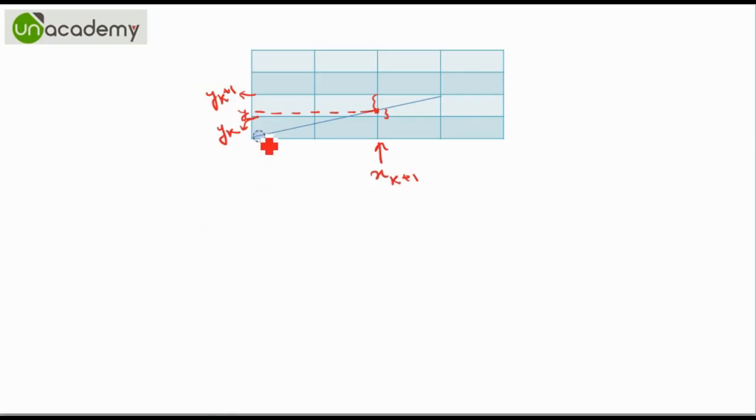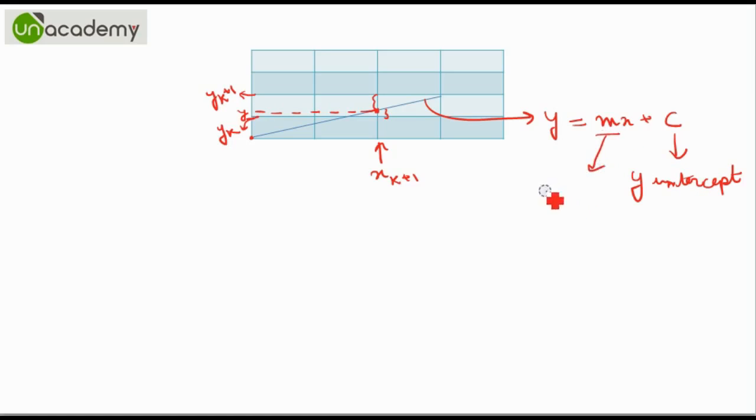Let us assume that the equation of this line is of the form y equals mx plus c, where c is the y-intercept, m is the slope, and x and y are the coordinates of the line. So we know that the slope m is equal to delta y upon delta x.